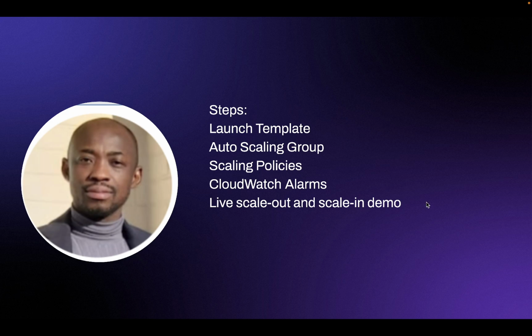We will create an auto scaling policy. CloudWatch will be monitoring our auto scaling policy. When the policy condition is met, the alarm will be triggered, and we will see the scale out in a live demonstration. So let me quickly go to my console and let's get started.